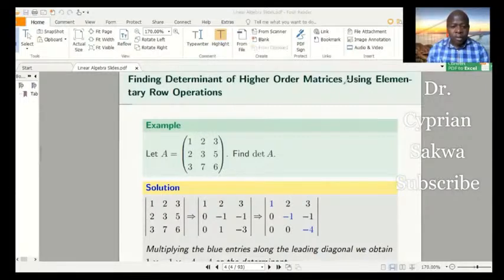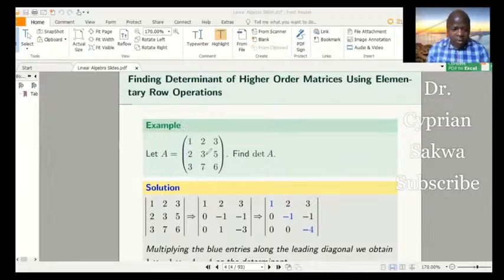We'll be using elementary row operations. In this example, I'll be reducing my matrix to echelon form, then multiplying the entries along the diagonal. After reducing the matrix to echelon form, that product gives me the determinant of that matrix.